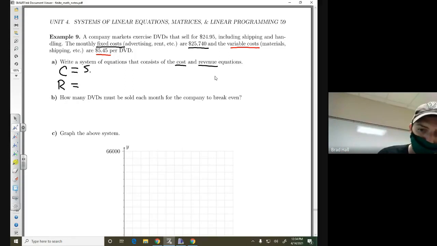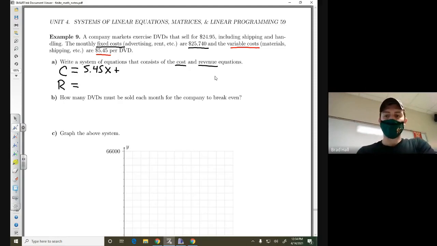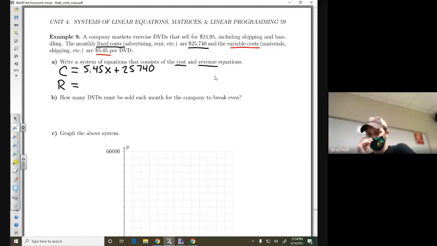So the $5.45 per DVD, the number of DVDs will represent X. So the more DVDs you have, you will multiply that by 5.45. And then the fixed cost is something you have to tack on top of this no matter what. It says that the fixed cost is $25,740. So that would be the cost function.